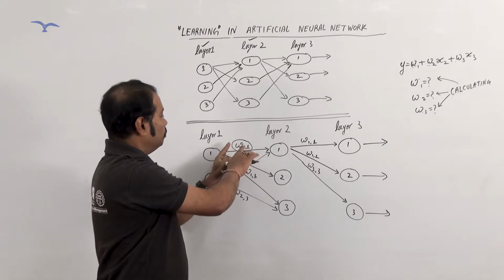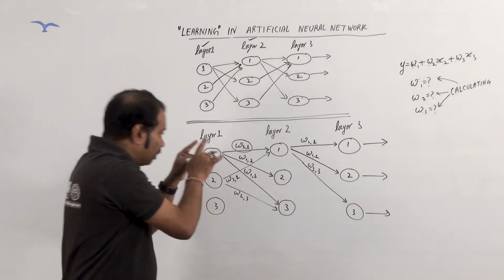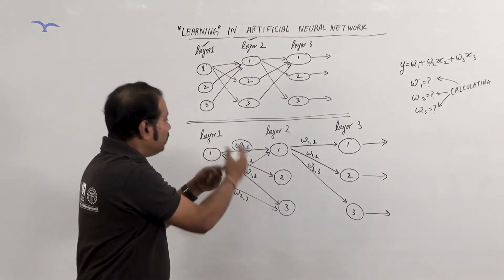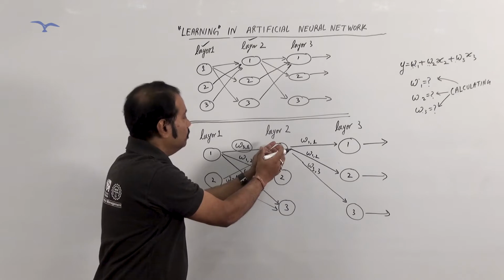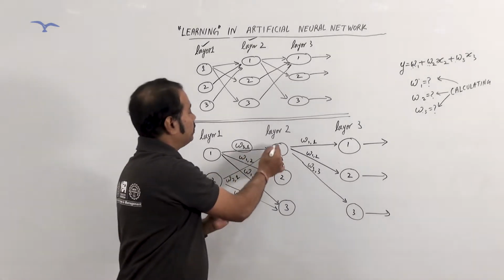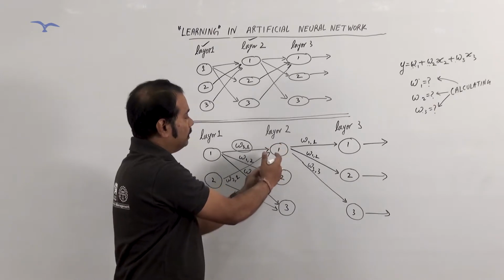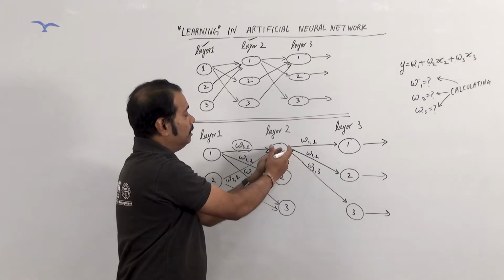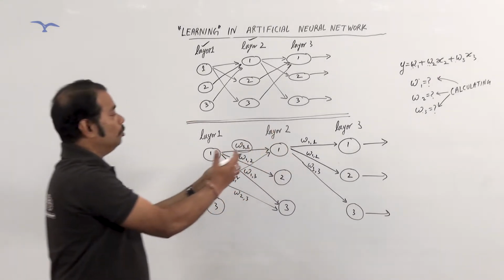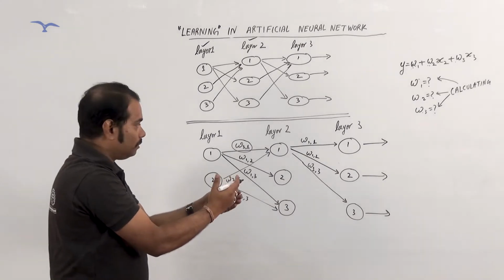First, we can learn these weights, which control the significance of input of one neuron to another neuron. Or we can adjust the summation that is happening inside the neuron. Or we can adjust the activation function or threshold function that generates output, which decides whether output will be generated or not.